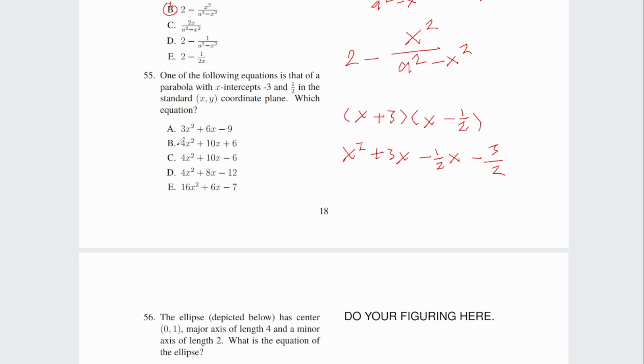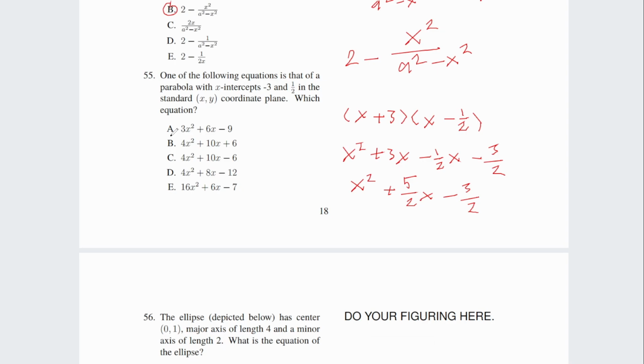So first of all, it's not 1x. The lowest number we find here is 3x. So let's see about 3x, which would be, well, first of all, let's simplify this. x squared plus 5 over 2 x minus 3 over 2.